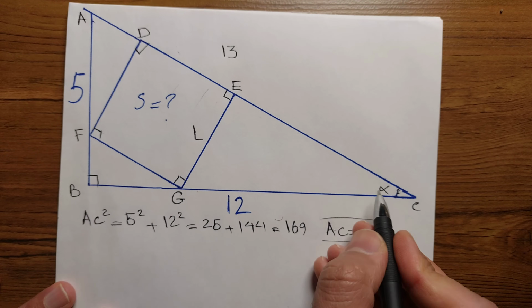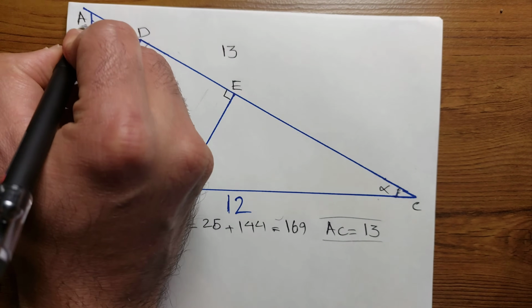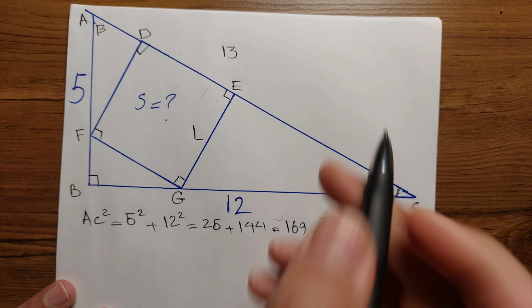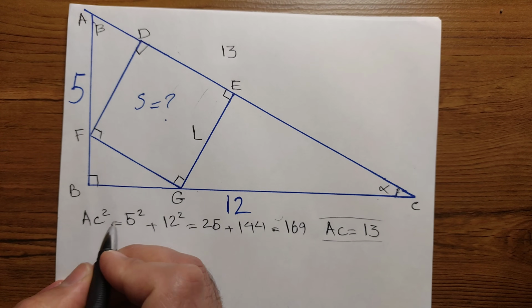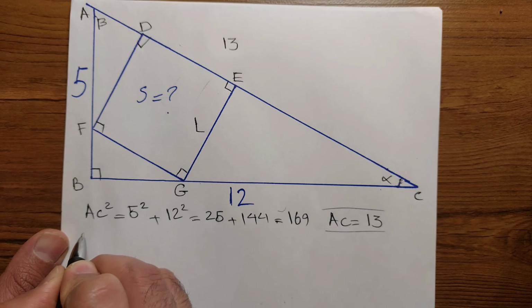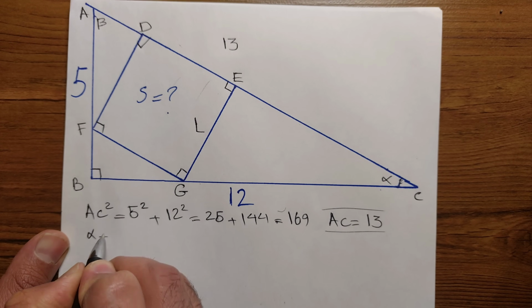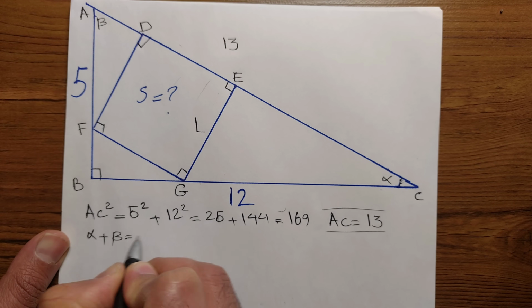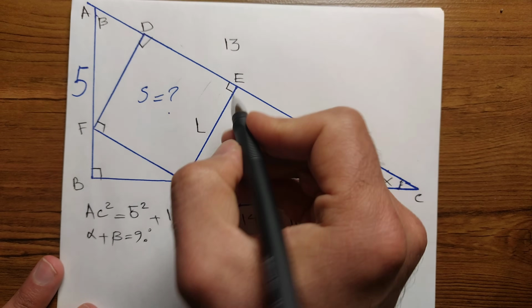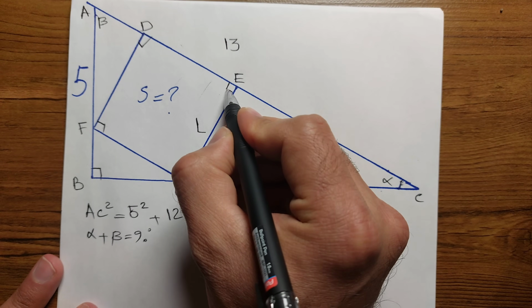If this is alpha and this is 90 degrees, this is beta, right? This is just for the sake of naming. So this is beta, alpha, beta, and this is 90 degrees. Based on the rules of interior angles of any triangle, alpha plus beta equals 90 degrees.